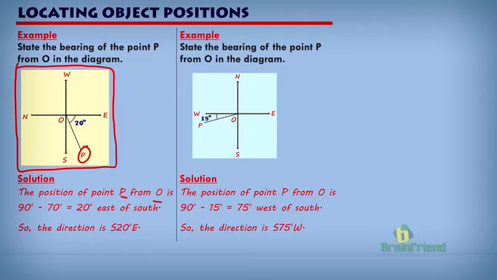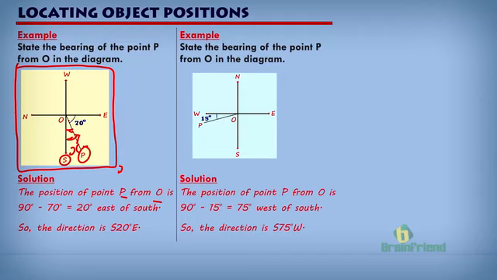90 minus 70. Why is that? First, determine what quadrant it is in. Of course, like we just saw, it is in this quadrant here where the south is holding sway. Therefore, our measurement will be taken from the south to our point. So we take that measurement. The angle formed there is unknown.